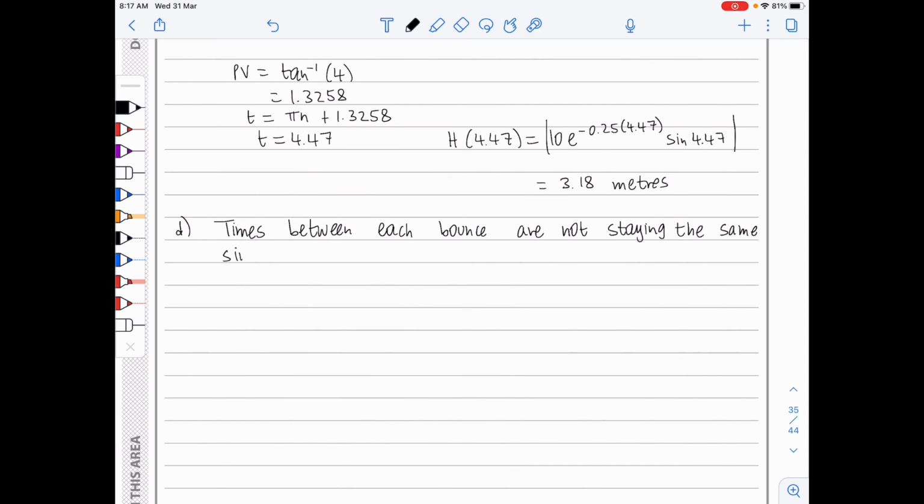Since heights become smaller. So we've got smaller heights attained after each bounce, and therefore we can't be having the times between bounces remaining the same.